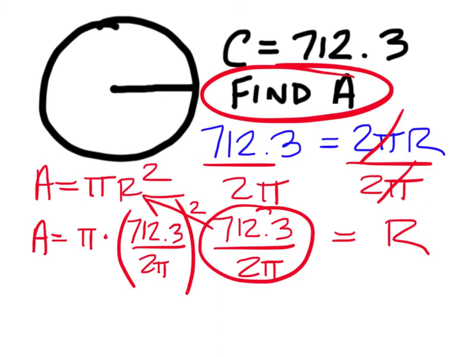Now you want a left-hand parenthesis, 712.3 divide, left-hand parenthesis, 2 pi, right-hand parenthesis, and then another right-hand parenthesis, and then the x squared button. What do you get back? 40,375.32.